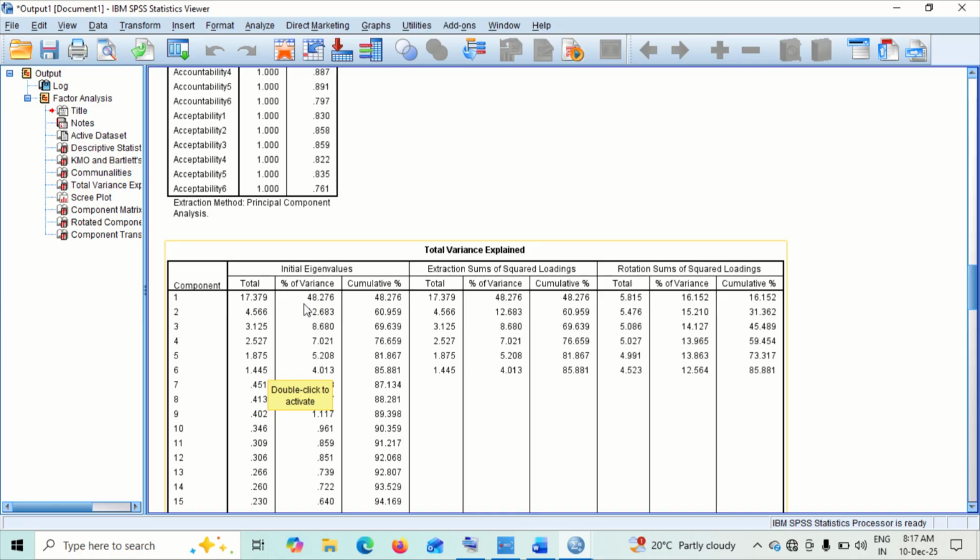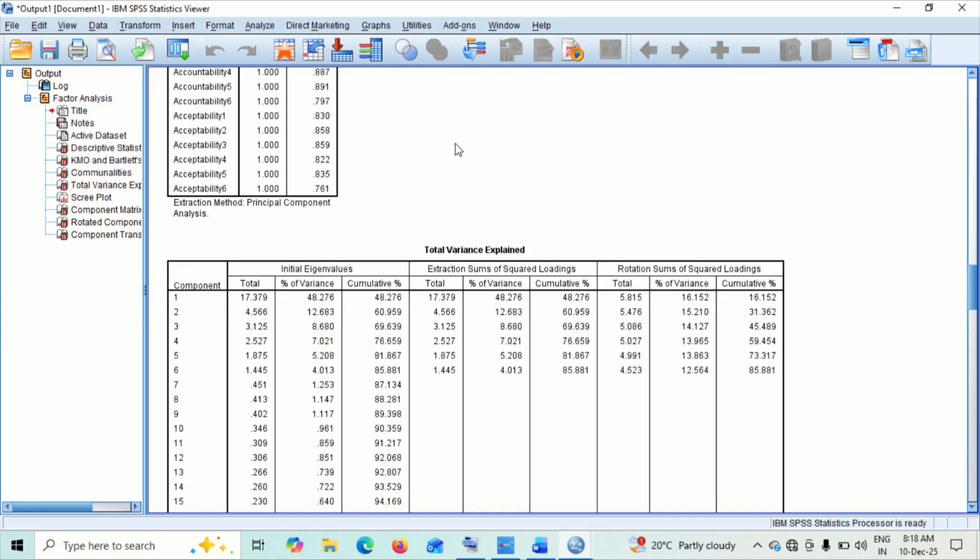The first component explained 42.27% of variance in the adoption level. Second component explained 12.68% of variance in the adoption level. Third component also explained 8.68% of variance in the adoption level. And fourth component also explained 7.02% of variance in the adoption level.